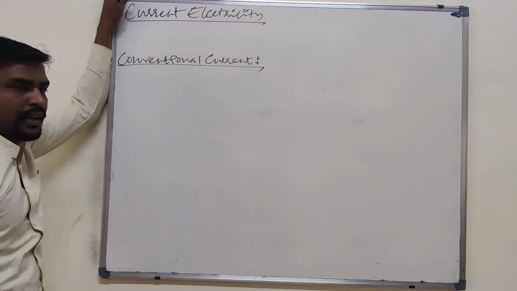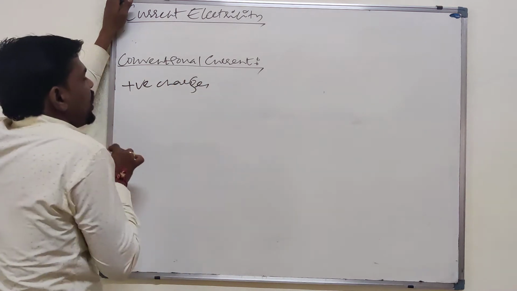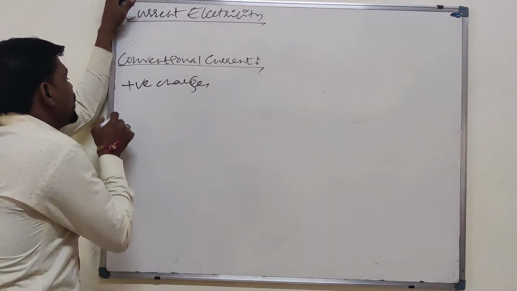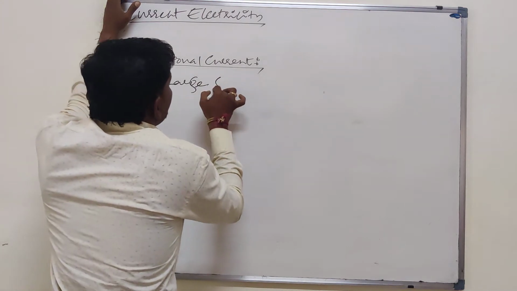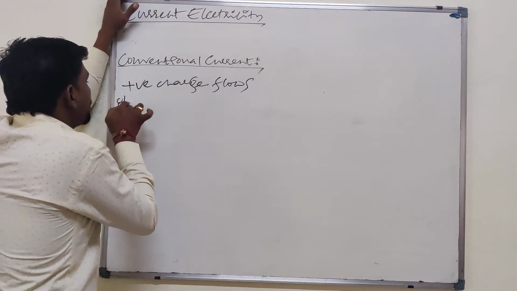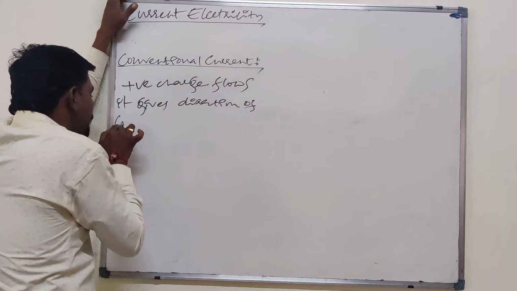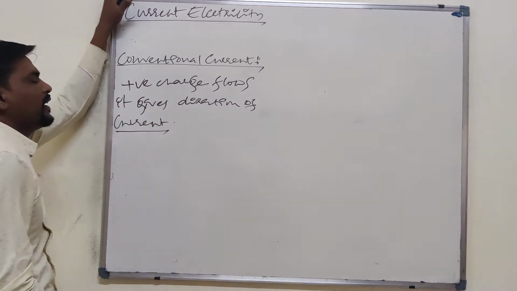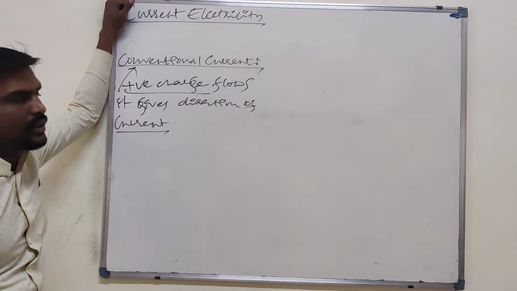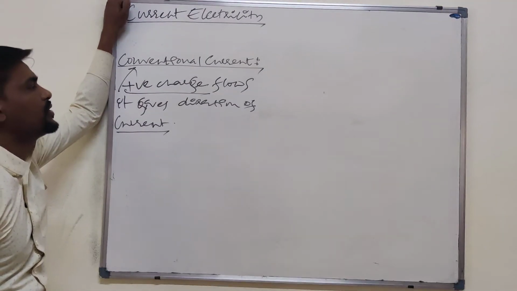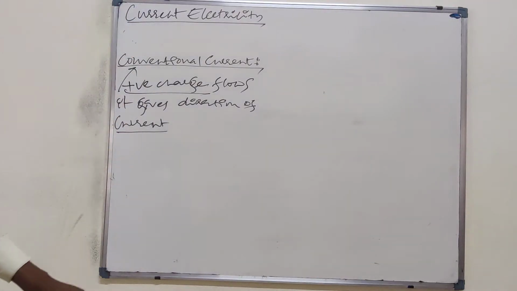What is the conventional current? When positive charge flows, it gives the direction of current. The direction of current is given by the positive charge, so for that current I say conventional current. This is called conventional current.